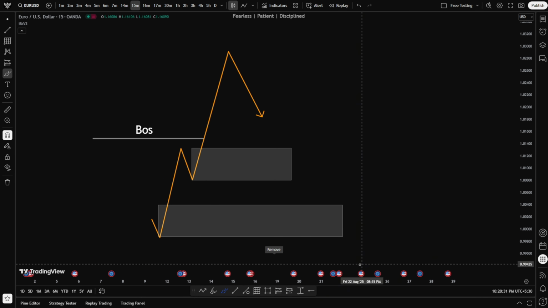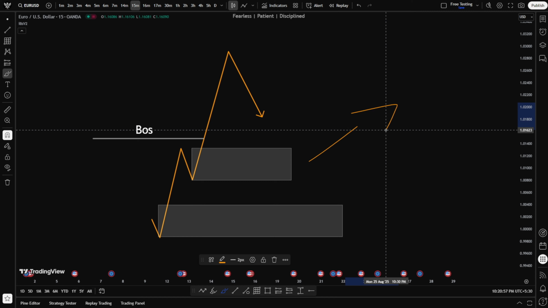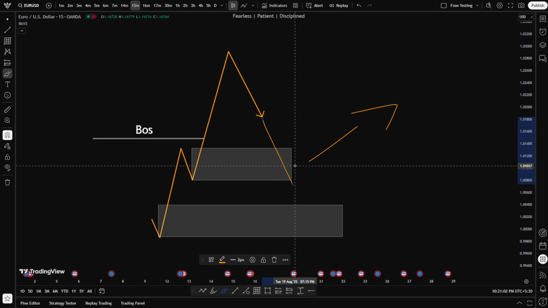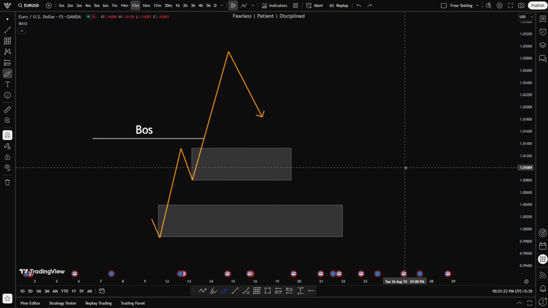Okay, so I have marked 2 order blocks in this structure, as you can see. Which order block has the highest probability of giving you a winning trade? Pause the video and guess for yourself. The answer is very simple. The first order block right here has the most chances to fail. You should ingrain this in the back of your mind. Why does the order block in the middle have the highest chance to fail? The reason is simple.